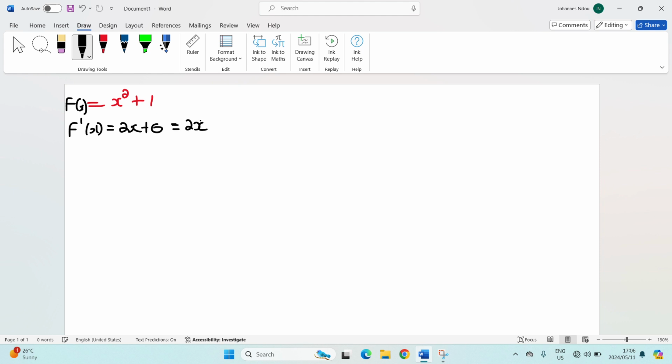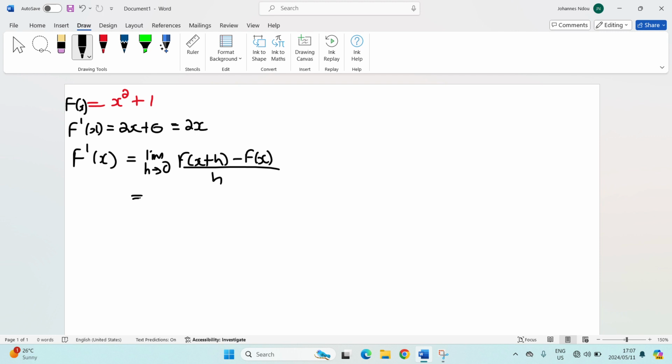Now, what if I want to use a limit to find the derivative of this function? Well, I'll say f prime x is given by the limit as h approaches 0 of f of x plus h minus f of x divided by h.